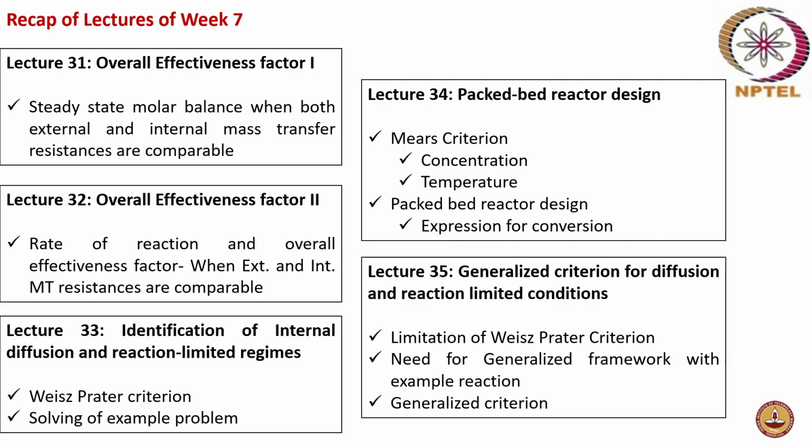Week 7 included discussion on overall effectiveness factor, where both the external and internal mass transfer resistances are comparable. The Weisz-Prater criterion was introduced to identify the internal diffusion control regime or reaction limited control regime, and then the Mears criterion to identify if there is external mass transfer control, and then packed bed reactor design and the expression for its conversion was discussed.